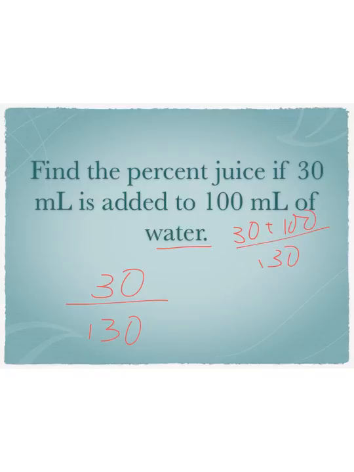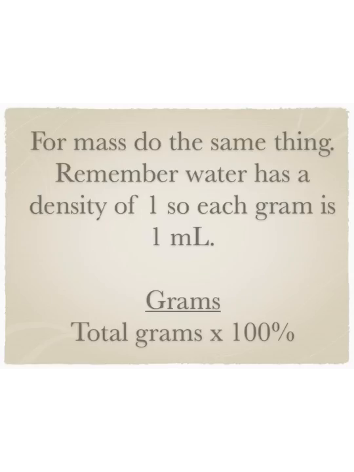And then all you're going to do here is multiply it by 100%. So like I said, very similar to the percent composition problems. We're going to take 30, divide it by the whole thing, which is 130, and then make it a percent, and just be reasonable on your rounding. These didn't have very many sig figs, so I'm just going to say 23%.